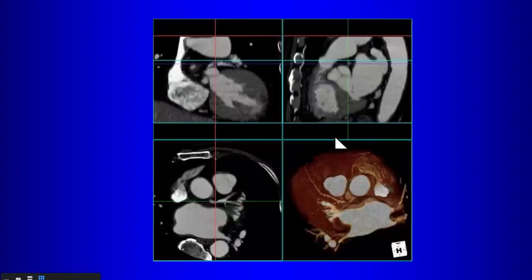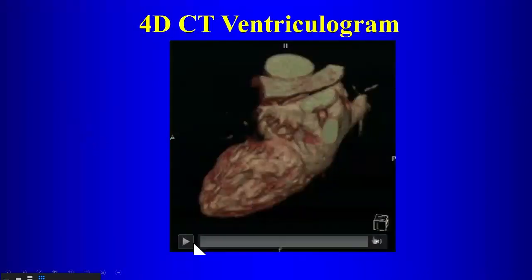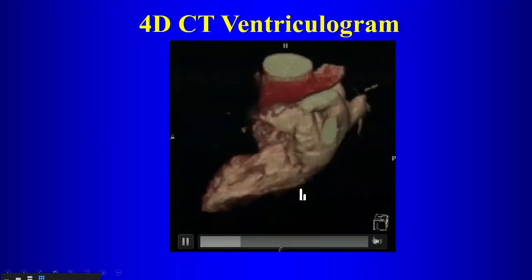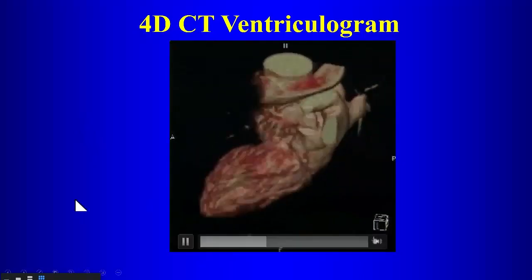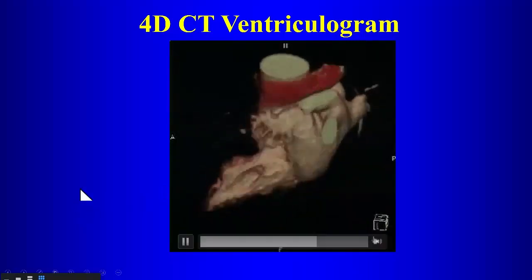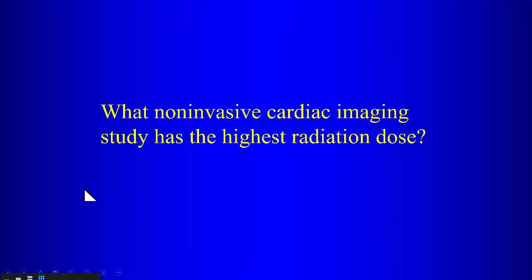So that temporal resolution is not as good with CT as it is with cardiac MR. Now, you can also do ventriculograms if you have the data. So there's a nice 4D ventriculogram here looking at the left ventricle, just like they would do in the cardiac cath lab. We can also do that with CT, just looking at the ventricle itself.